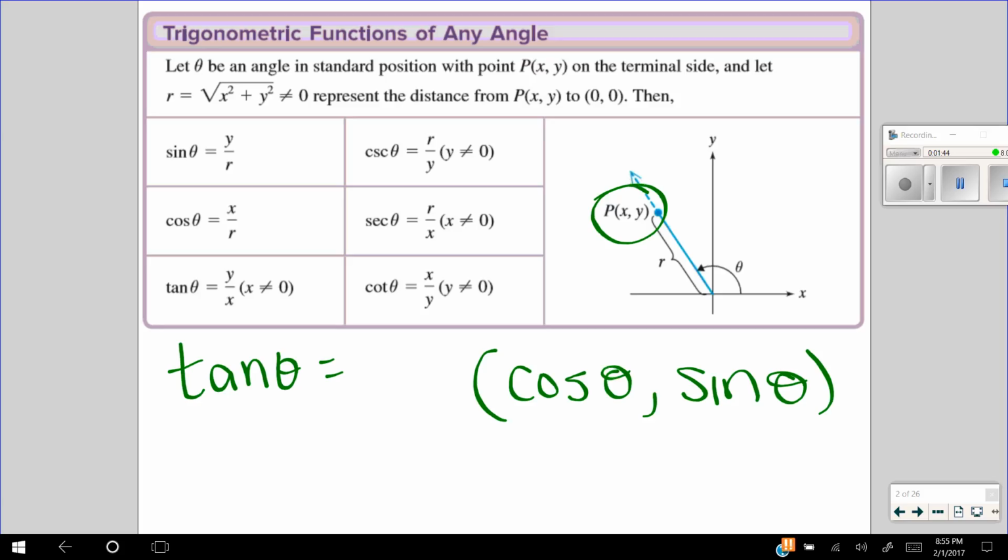And since sine represents the side that's opposite and cosine represents the side that's adjacent, tangent is really just sine over cosine. Okay? And then, of course, you know that cosecant, secant, and cotangent are just the reciprocal functions. So the reciprocal of sine is cosecant, the reciprocal of cosine is secant, and the reciprocal of tangent is cotangent.